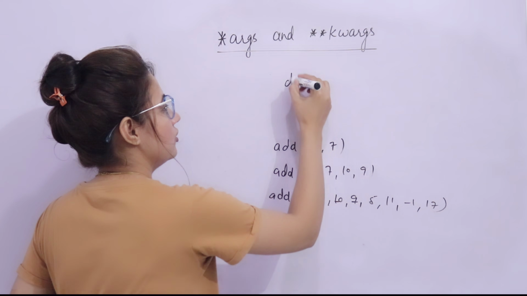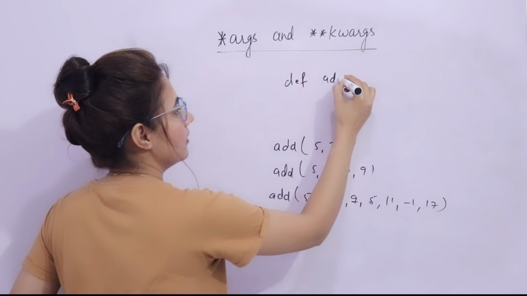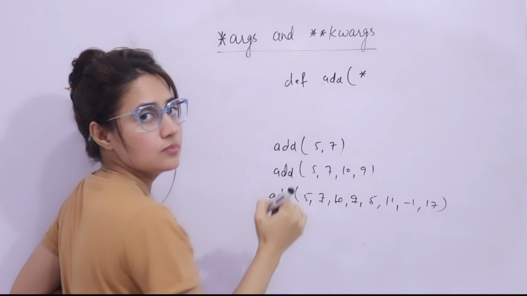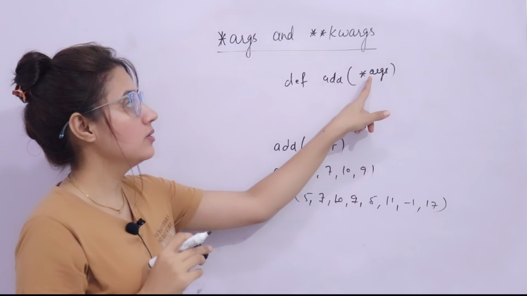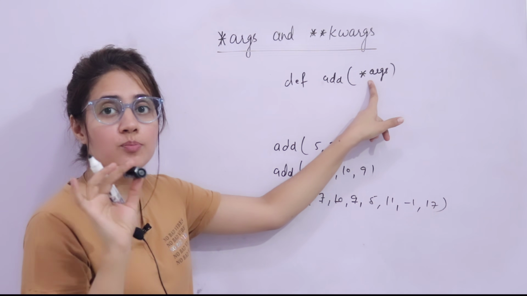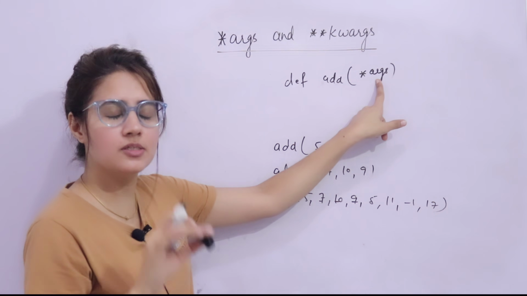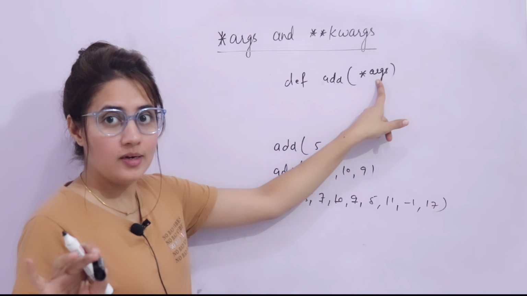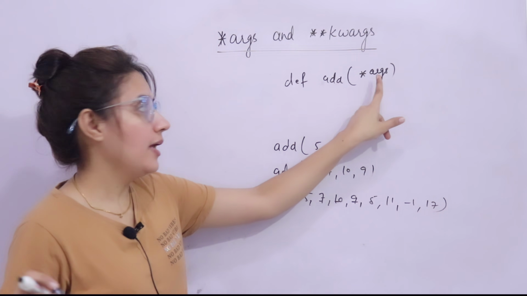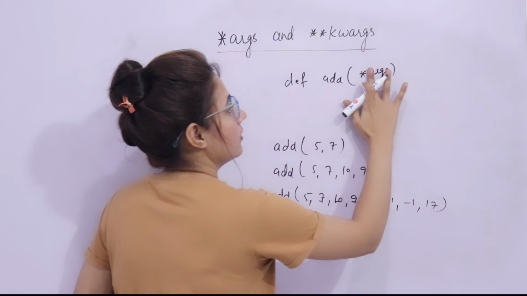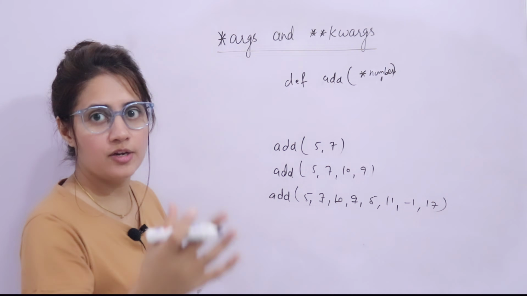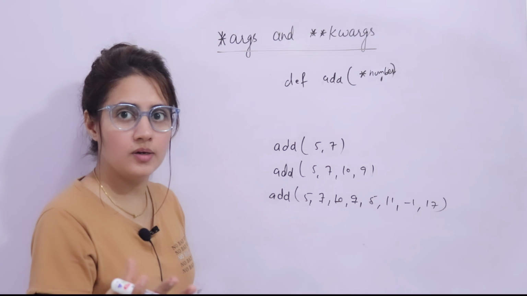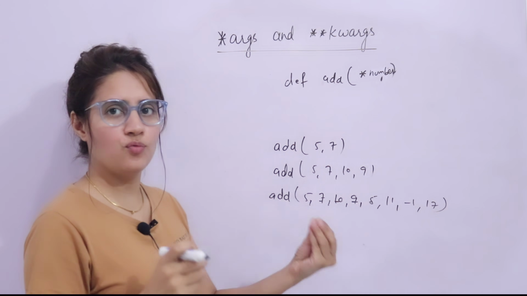So we can define a function simply like def add, and here one star and args. This is the short form of arbitrary positional arguments. Rather than args, because this is simply a convention, you can use any name like *numbers, *data, *info, this kind of thing. This is a convention only.